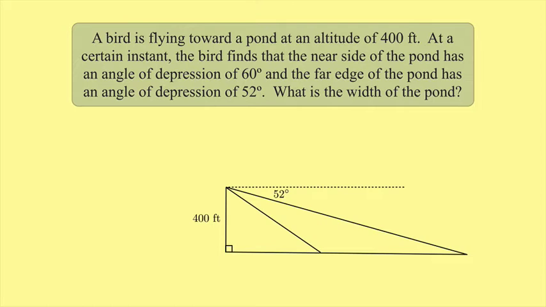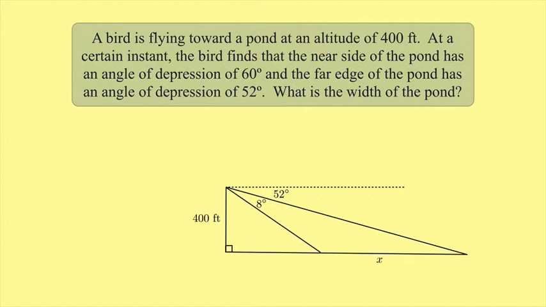And then I have a 60 degree angle to the near side of the pond. Well, 52 plus 8 is 60, so this little angle here must be 8 degrees. And one last thing, I want to know the width of the pond. Let's call that x. So this side over here would be x. Okay, that's everything that was given in the problem.